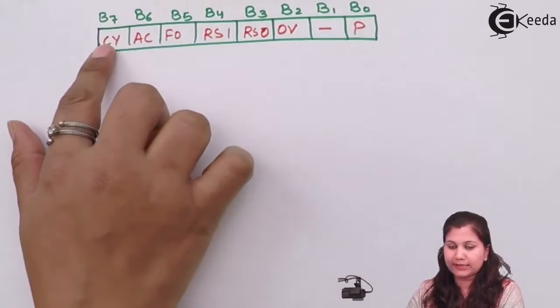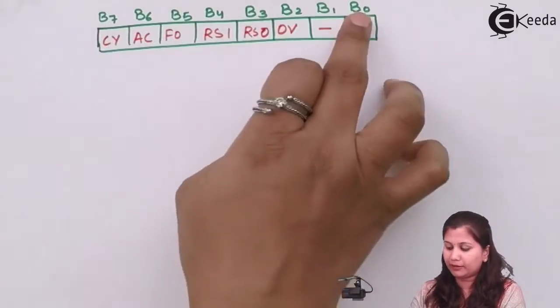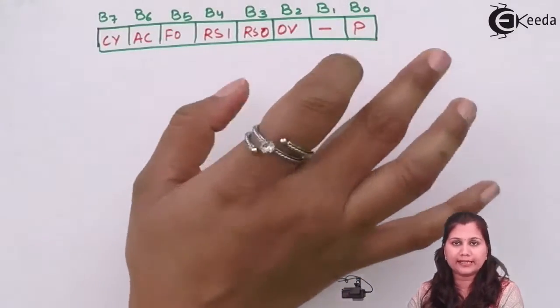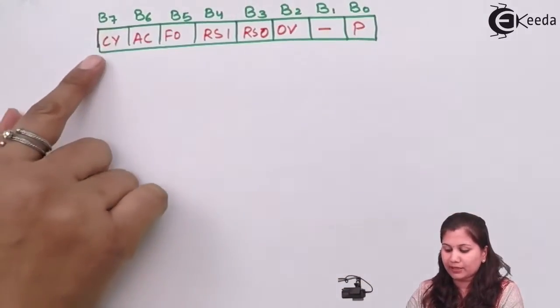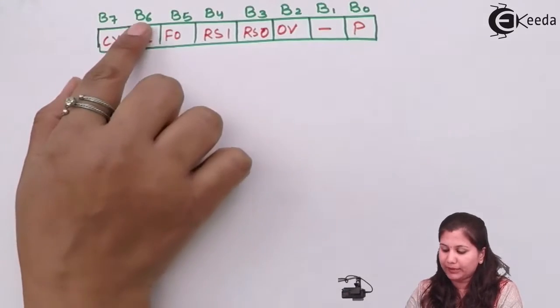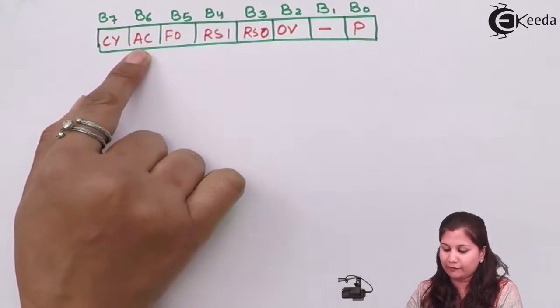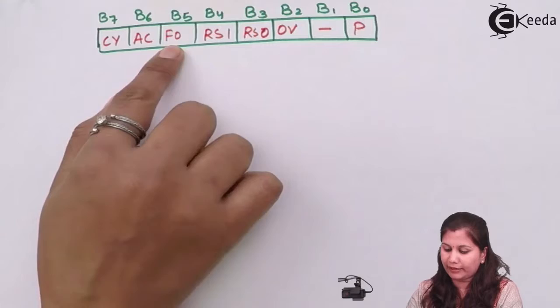Bit 7 is the most significant bit, and bit B0 is the least significant bit. B7 is defined as the carry flag. B6 is defined as the auxiliary carry flag. B5 is F0, that is the user defined flag.